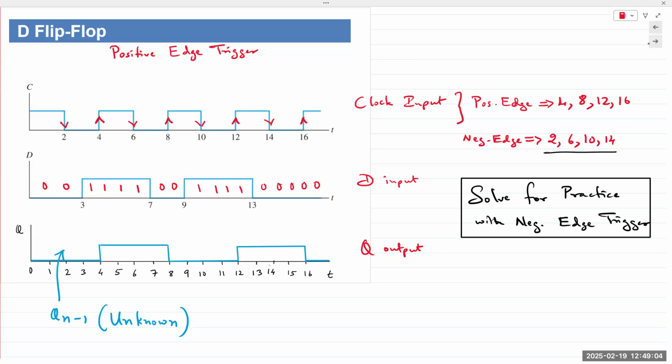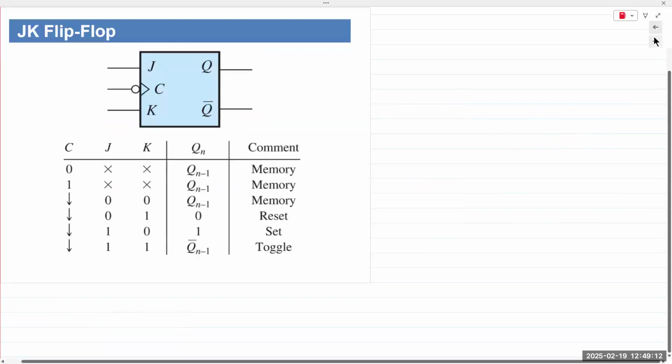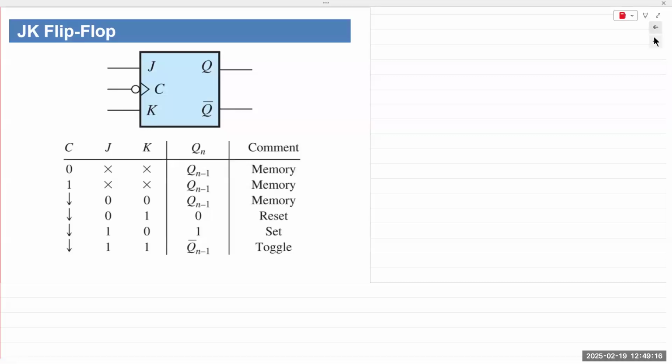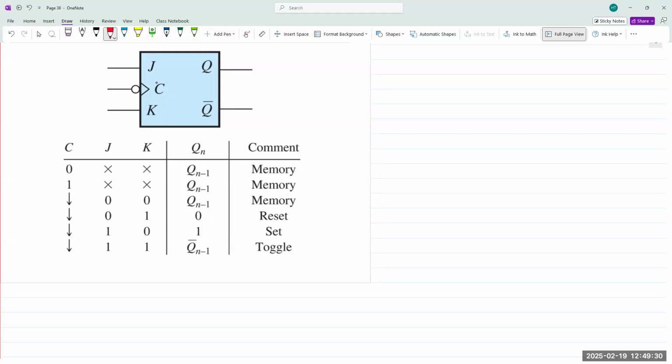All right. So then let's look at what happens when the inputs are both high. We get what is known as a JK flip-flop. JK. And look, what do we have here? We have an edge trigger.